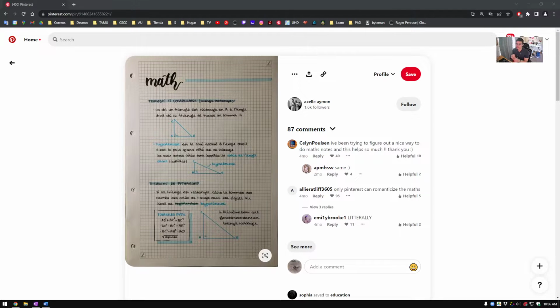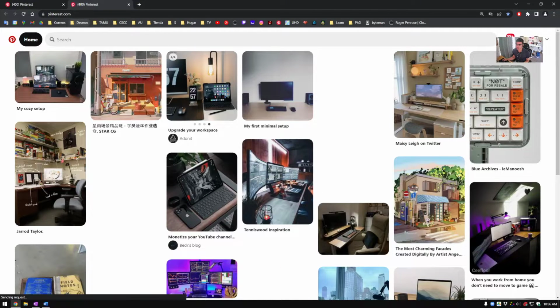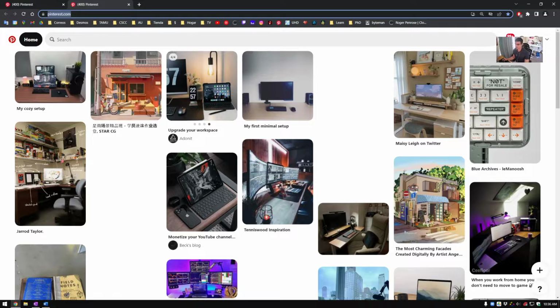If you go to Pinterest, if you like design, you can put in math study guides, examples, and you're going to see these pictures. Okay, you can use these pictures as reference to create your project if you plan to do handwriting. Pinterest. Let me put it.